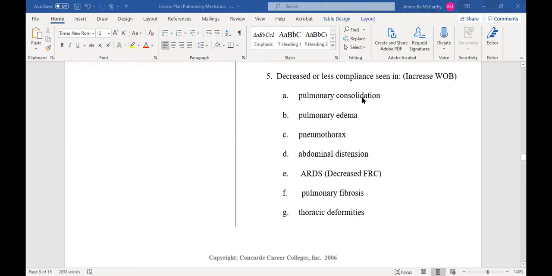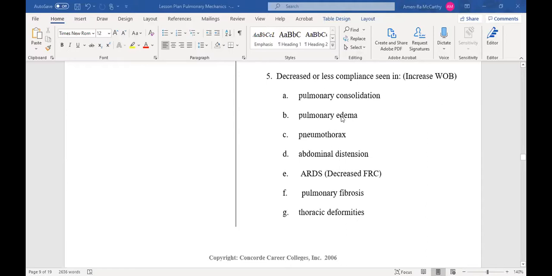So if it's full of mucus and consolidation, it won't open like you want it to. Therefore, it's a restriction and has a low compliance. It won't do what you want it to do, which means it has low compliance. If your child won't follow directions, that child has low compliance. If somebody won't take their medicine like they're supposed to, they have a low compliance. Okay?